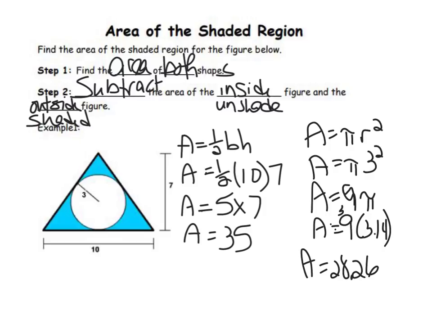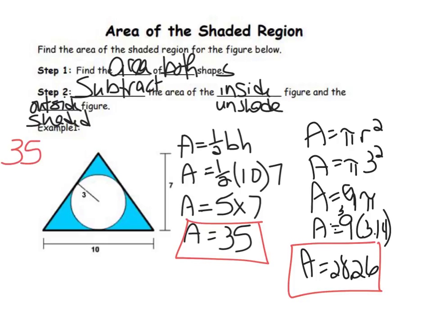Okay, so now that we have the area of both shapes, we're going to subtract them. So the shaded region is the whole thing, which is 35, minus 28.26. Remember, we're looking at this 35 like it's dollars, so add the decimal at the end.